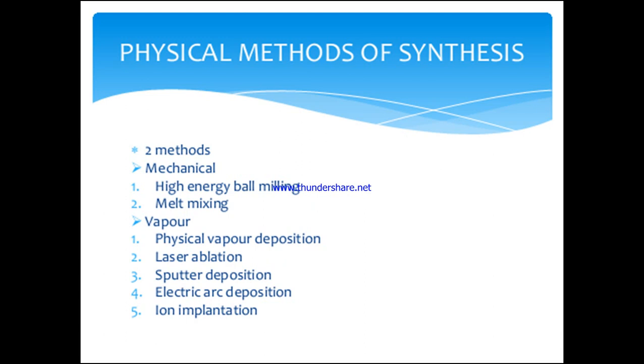So here, for our syllabus, we are going to have mechanical by high energy ball milling, as well as, when we talk about the vapor, we are having physical vapor deposition, chemical vapor deposition. We are having the gas condensation techniques, as well as wet chemical deposition. When we talk about the chemical method, in chemical method we are having wet chemical methods, that is the sol gel technique, as well as gas condensation techniques we are going to see here.